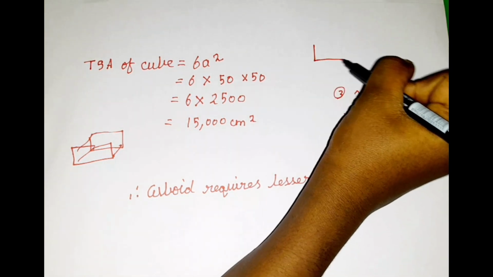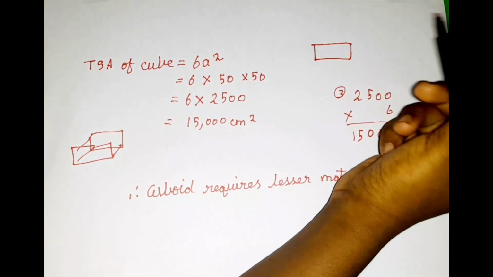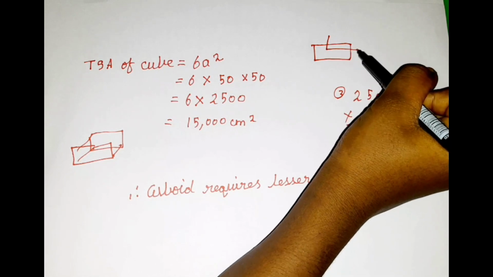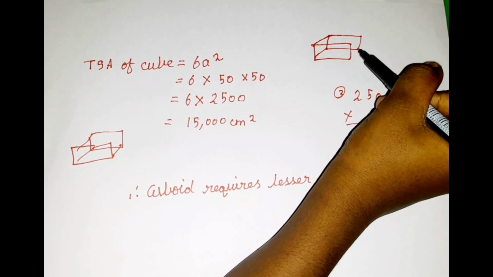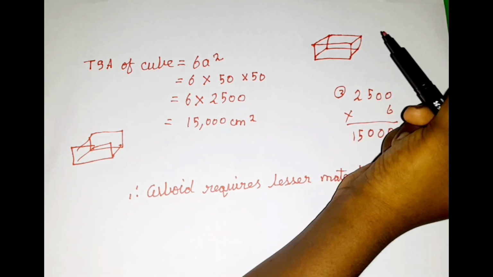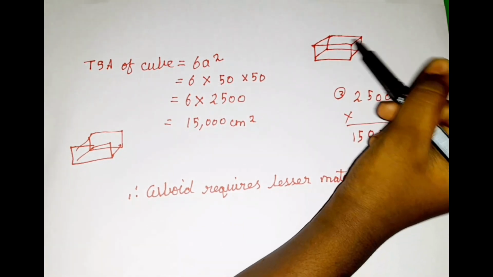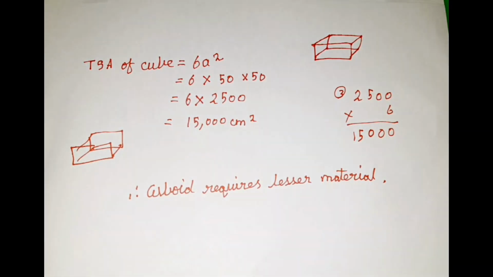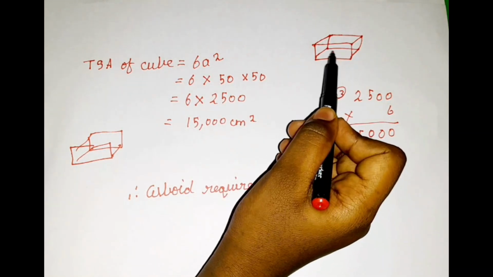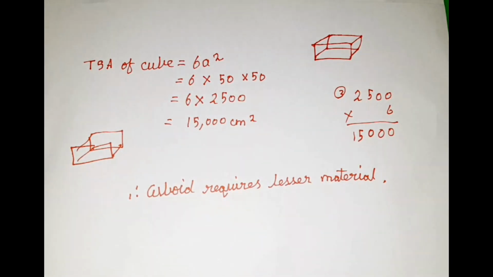First I am making a rectangle, then again I am making a rectangle on top and I am connecting it. So to make the cuboid, I drew it completely without missing any step. I covered all the parts. That's why we took TSA of cube and cuboid.